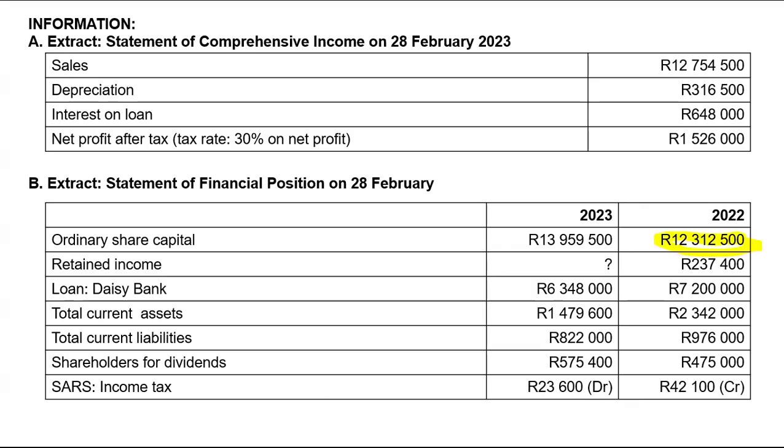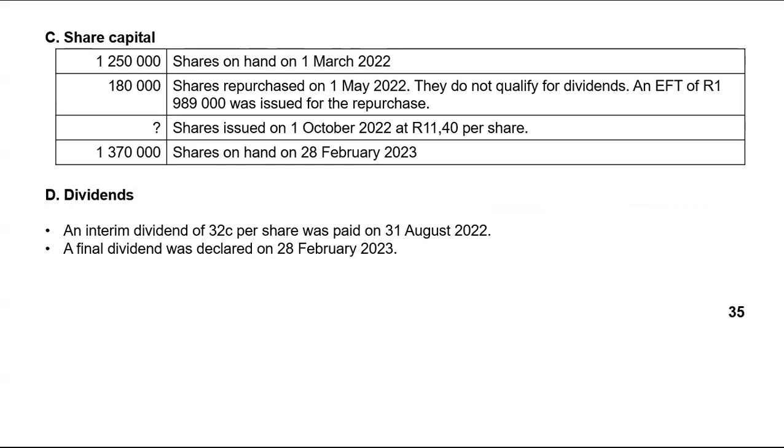All of this is at the beginning of the year, right? So your share capital will be 12,312,500, and the number of shares will be 1,250,000. Good. Is there any issue of shares before the buyback? That's what we need to figure out. And what do they say? 180,000 shares repurchased.